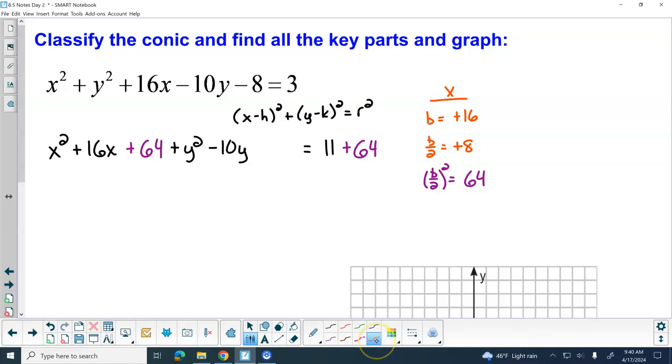My y b value is negative 10, which means when I divide that by 2, I get negative 5, which means when I square that, I get 25. Which means I'm going to fill this gap with 25, which means I need to add another 25 to that side.